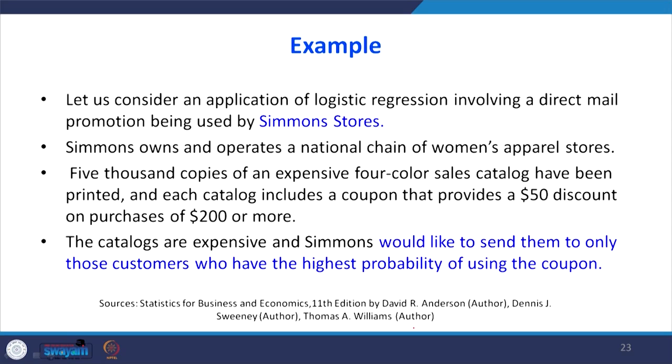Simmons owns and operates a national chain of women's apparel stores. 5,000 copies of an expensive 4-color sales catalog have been printed, and each catalog includes a coupon that provides a $50 discount on a purchase of $200 or more.